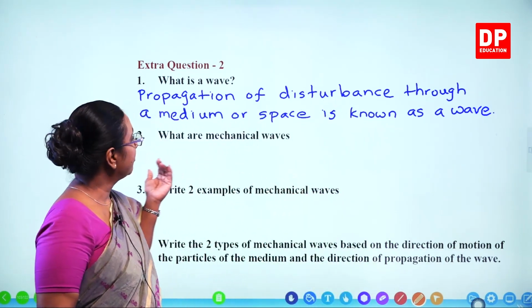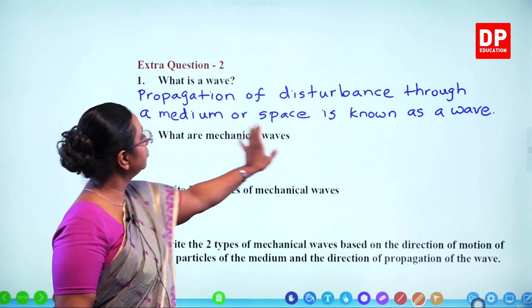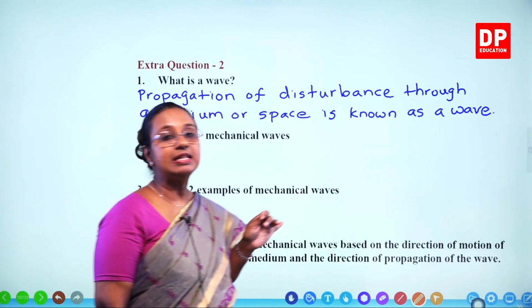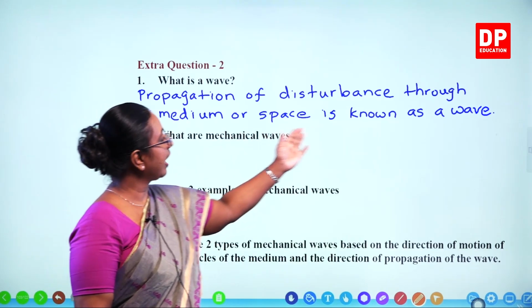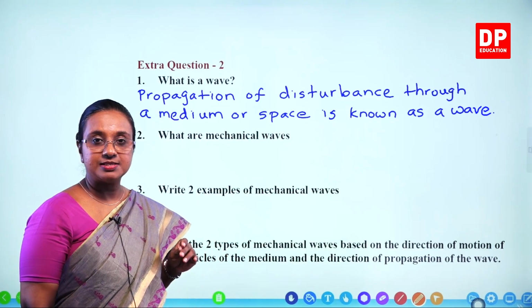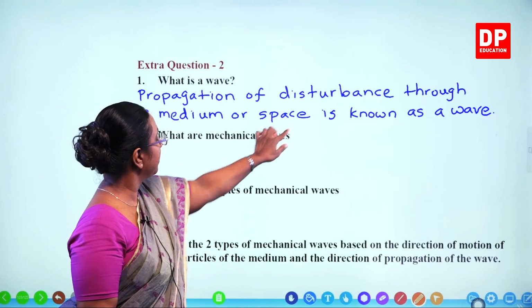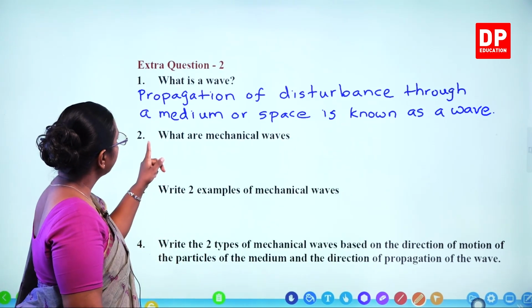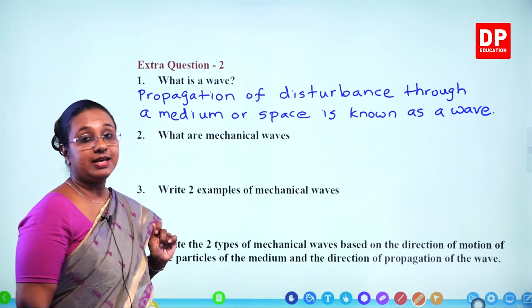So students, when writing the answer, you have to give the important point. In order to complete the proper sentence, you can write it as is known as a wave. But this is the part that is very important for the question. What are mechanical waves?